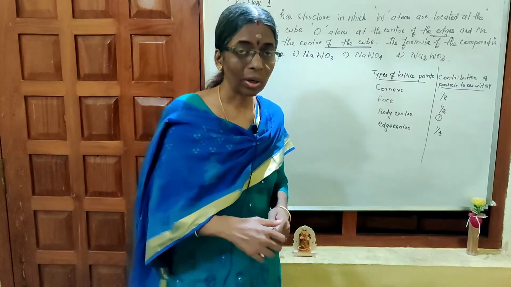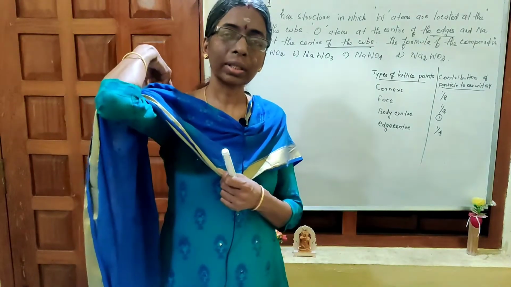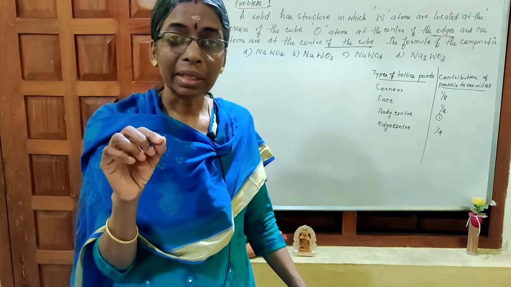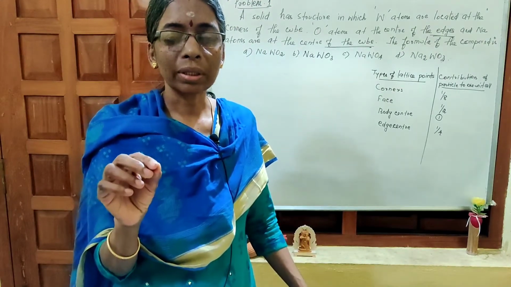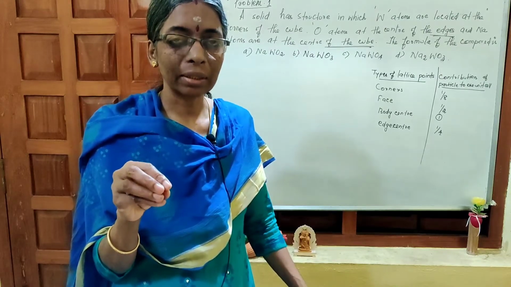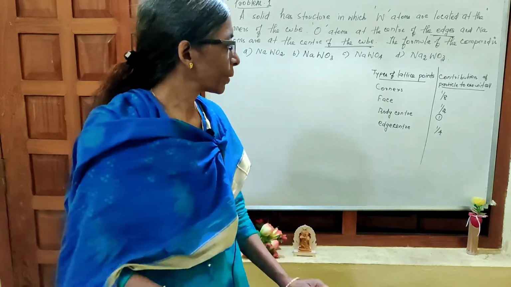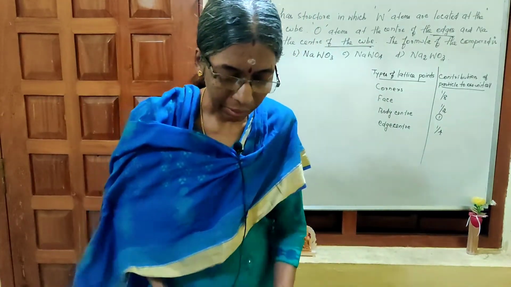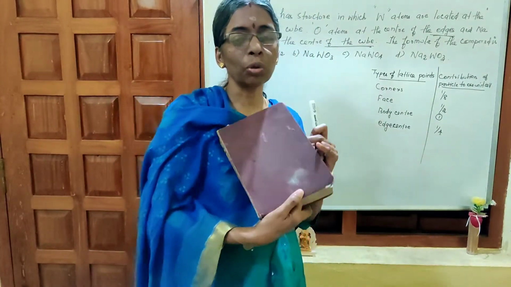Corners, already we discussed corners. How many corners are there? 8 corners. Each lattice point donates 1/8 of that particle to the particular unit cell. If face center, suppose for example this is the face of the cube.